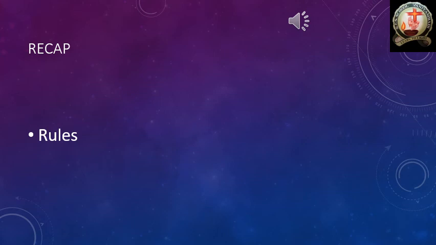Next one: the number and units should be separated by a space. This is also an example: we have to write 15 kg m s^-1. Kg m s^-1 is the unit, and 15 is the number.